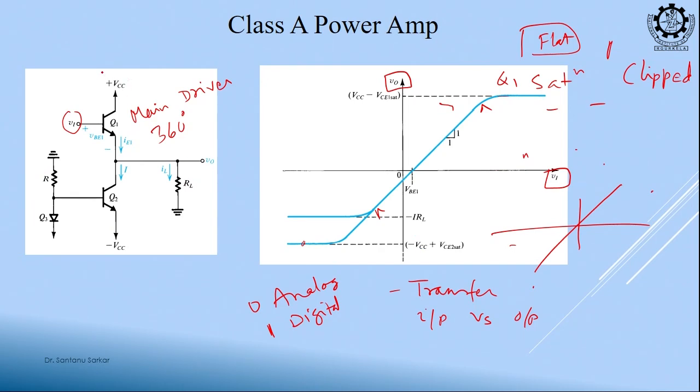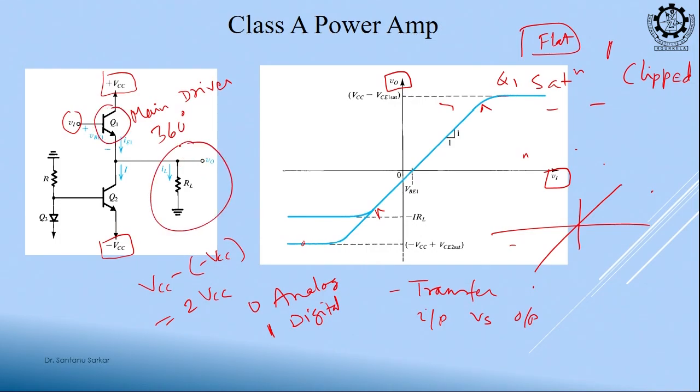See, what is our maximum range from plus VCC to minus VCC? This is not 0 to VCC. So, our available range is twice VCC, right. VCC minus of minus VCC is equal to twice VCC.